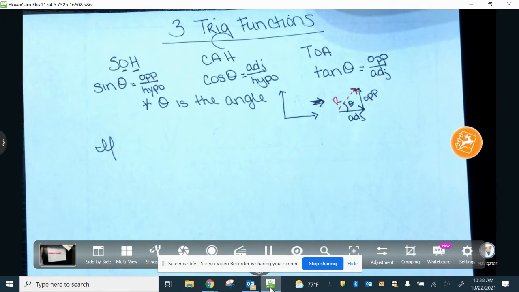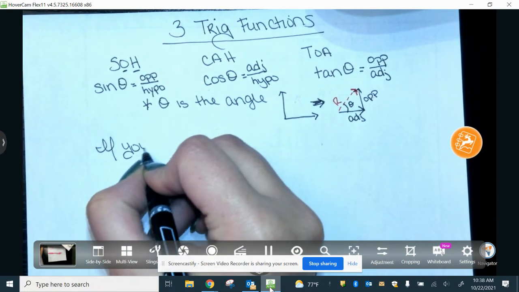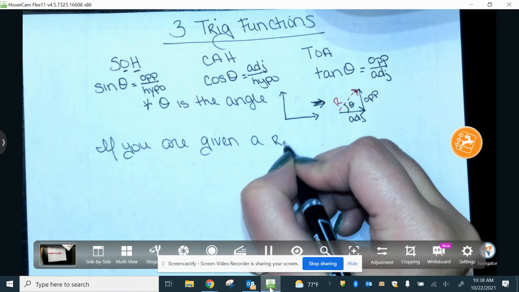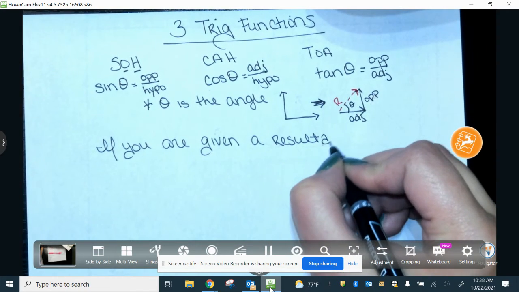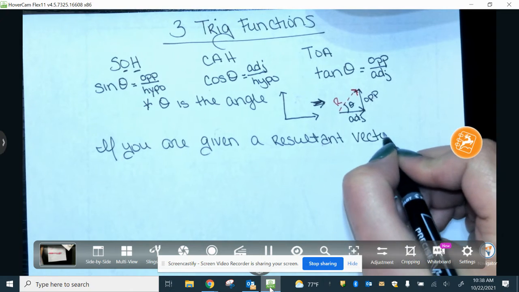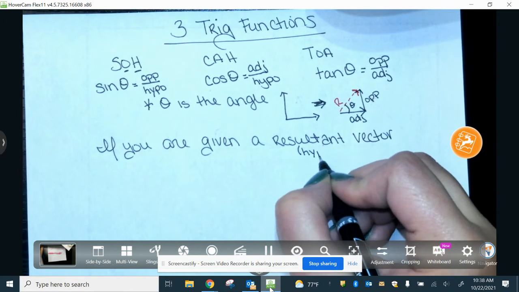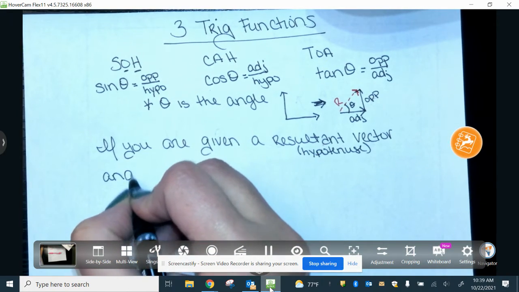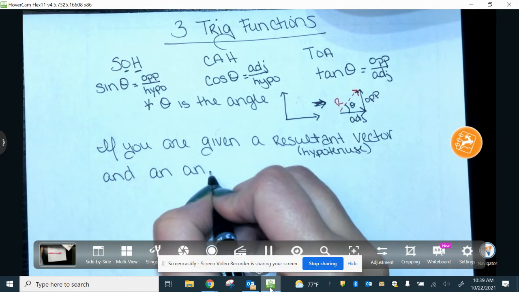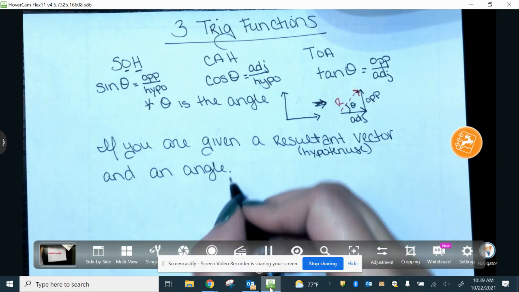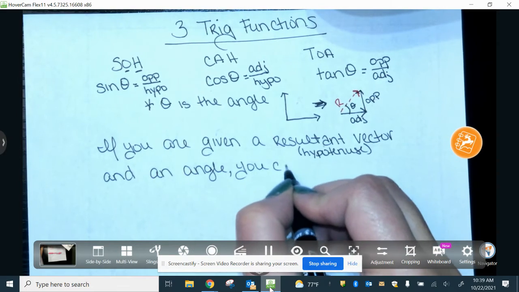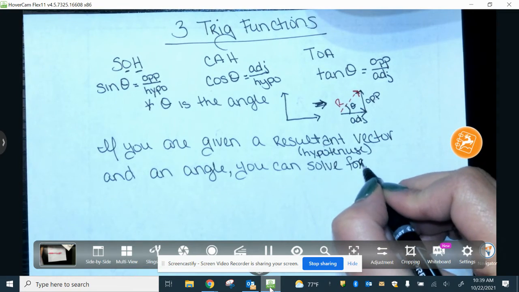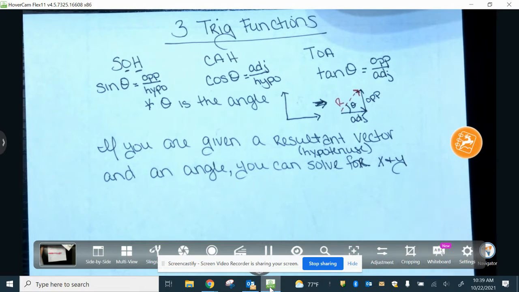So if you're given a resultant vector, which another word for that is hypotenuse, and an angle, you can solve for x and y components.